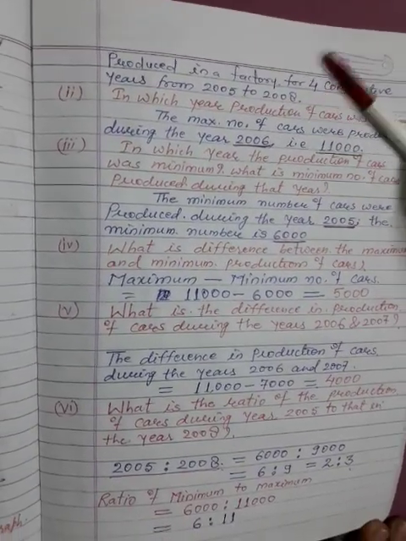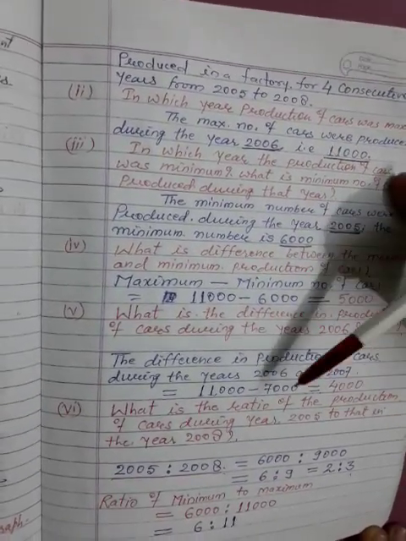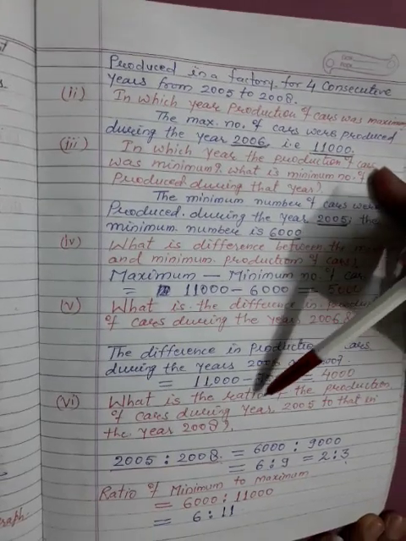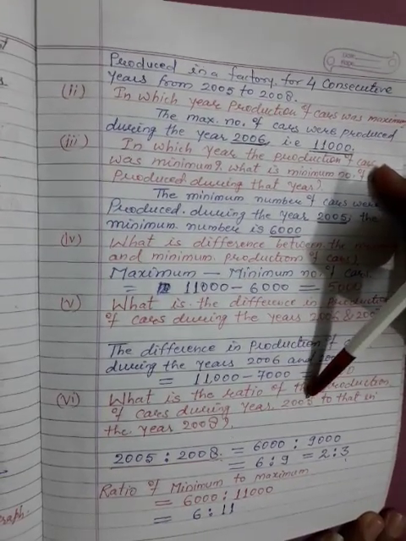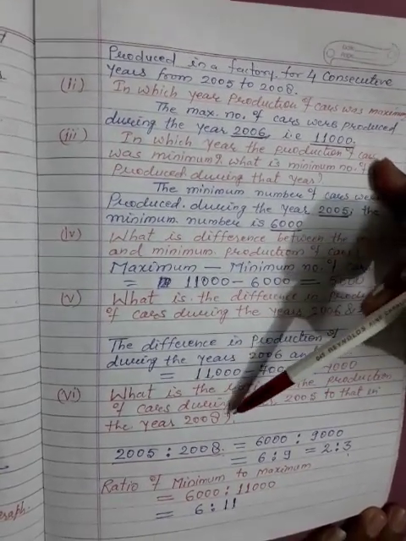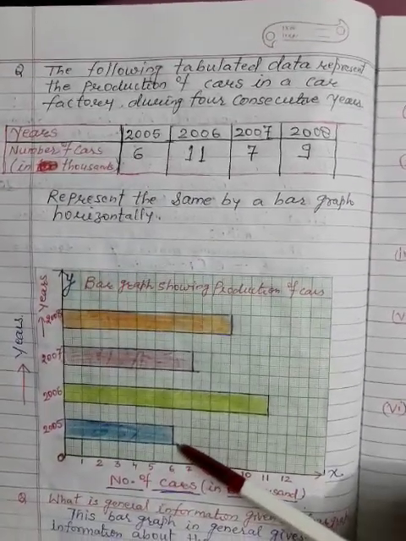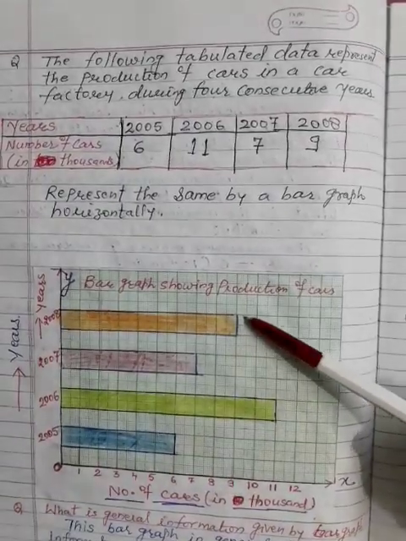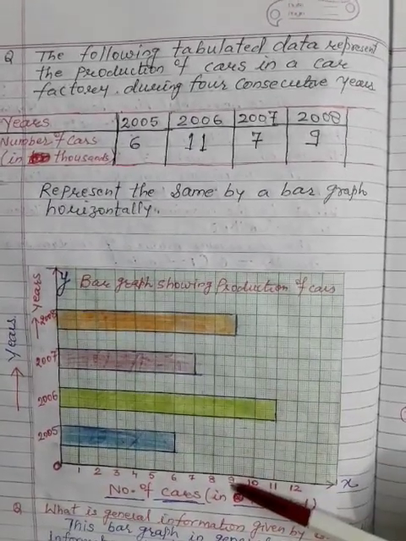What is the ratio of the production of cars during the year 2005 to that in 2008? From the graph, 2005 has 6,000 and 2008 has 9,000.